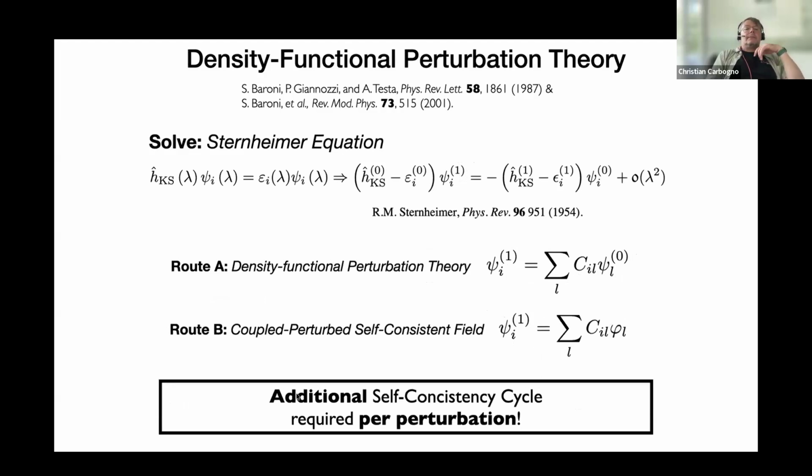This is the so-called coupled perturbed self-consistent field method. But formally, it's exactly the same. It's just different ways to solve the exact same equation. And then you can find an iterative way to basically solve this equation and get the responses.